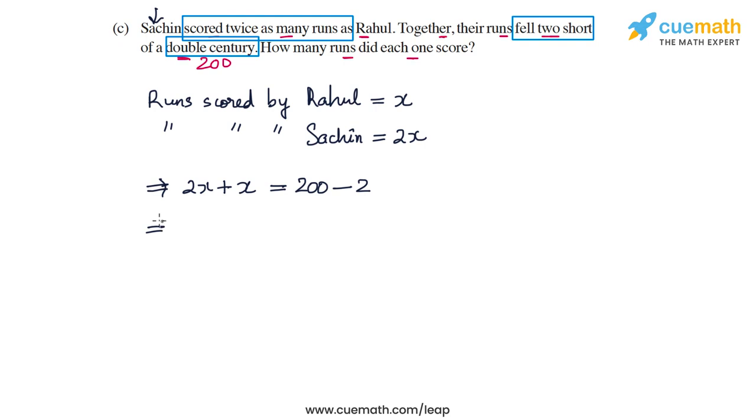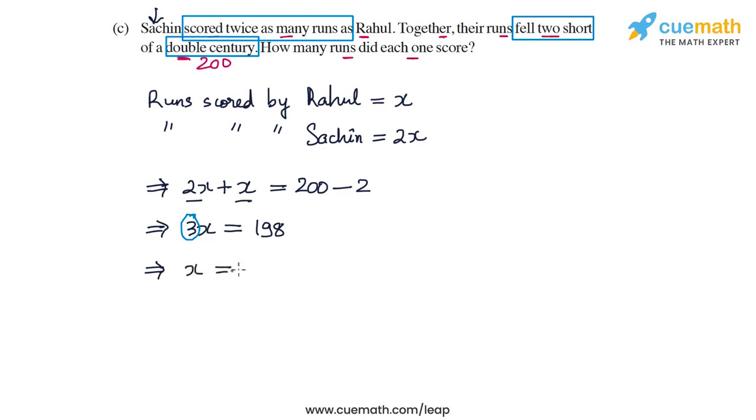This is how we get an equation in this case. Now 2x plus x is equal to 3x, and on the right side we have 200 minus 2, which is 198. To solve this equation in x, we need to get rid of this 3, and we can do that by dividing both sides of the equation by 3.